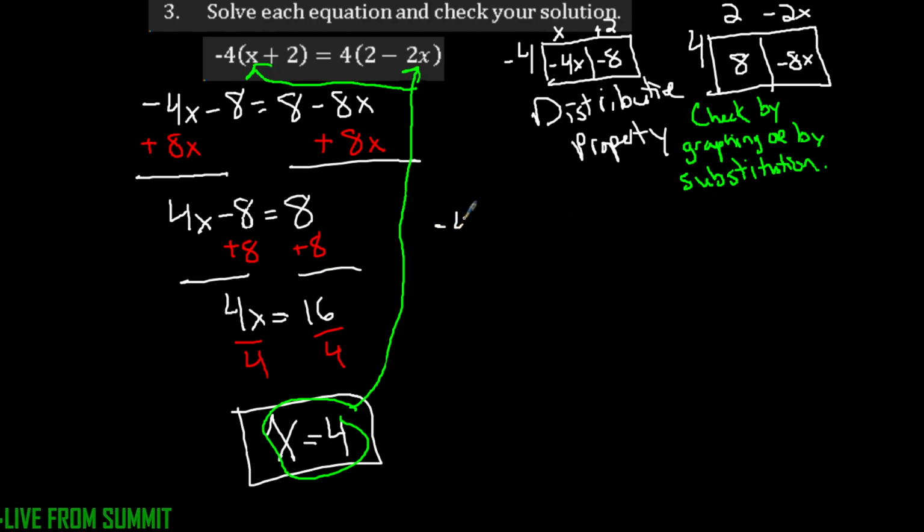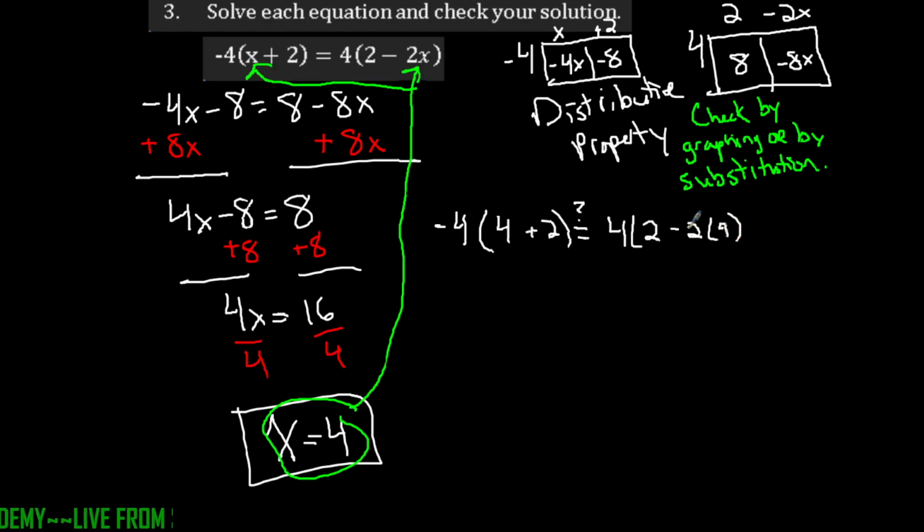I'm going to have -4 times 4 plus 2, and we're asking, is this equal to 4 times 2 minus 2 times 4? All I did was substitute 4 back into our original equation, and we're asking, is this correct? So let's see.